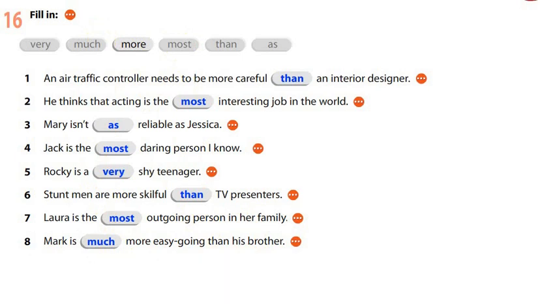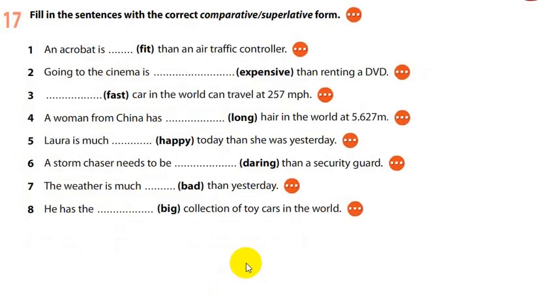Okay, number 3. Here you must fill the sentences with the correct superlative and comparative forms. An acrobat is fitter than an air traffic controller. You see the word than, you see two jobs, acrobat and air traffic controller, so comparative form.